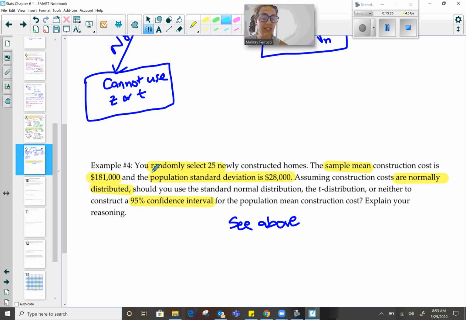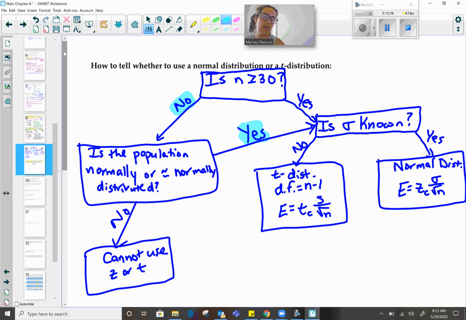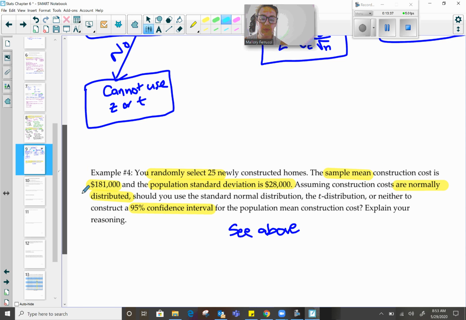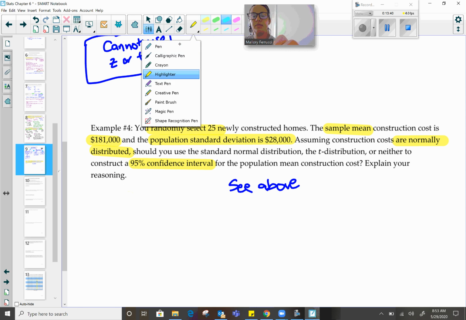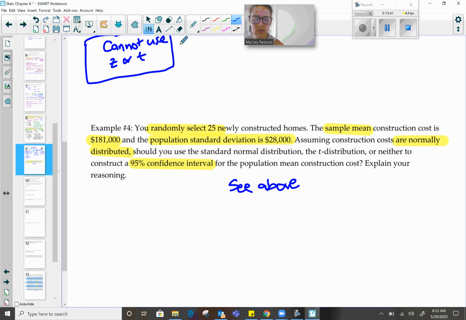It does give us the population standard deviation, 28,000. So that is yes, so we would have to use the normal distribution. Okay, so I'll just write down here, normal distribution. So that's kind of how you use that.